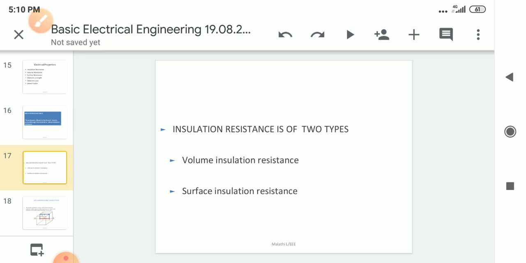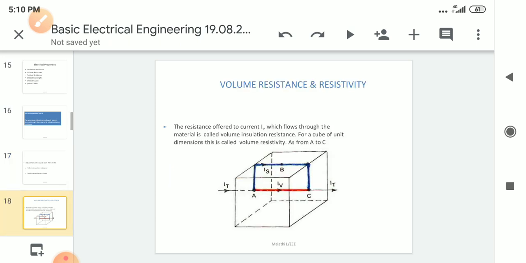Volume resistance means it is the resistance offered to the current which flows through the volume of the material. For a cube of unit dimensions, this is called volume resistivity and it is measured in ohm meters.